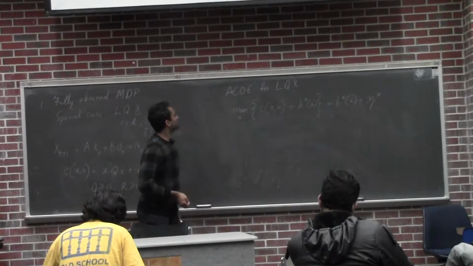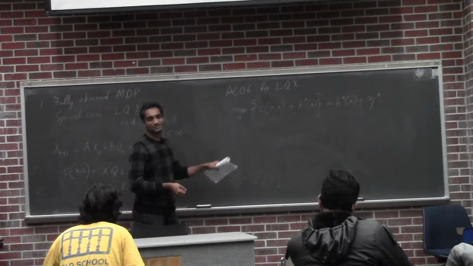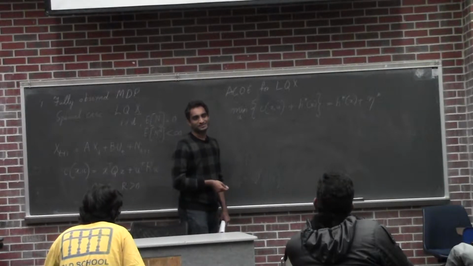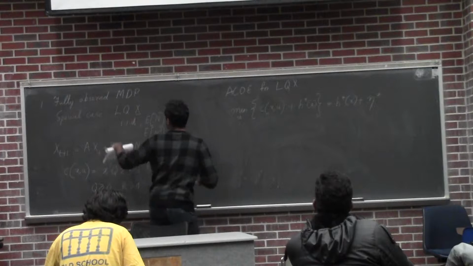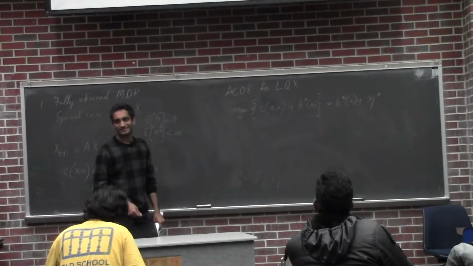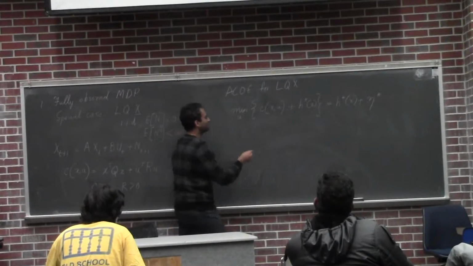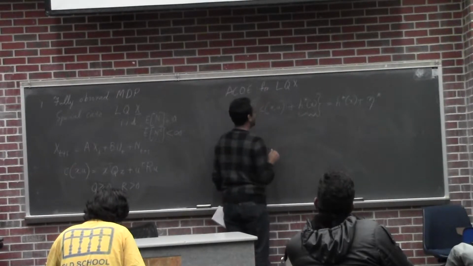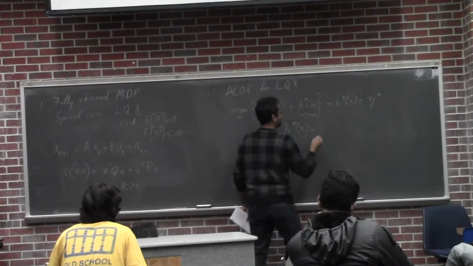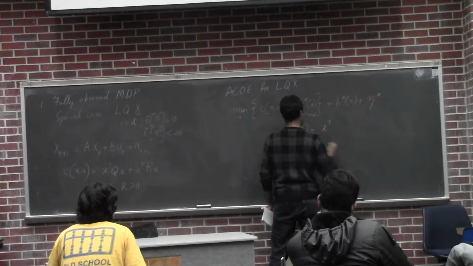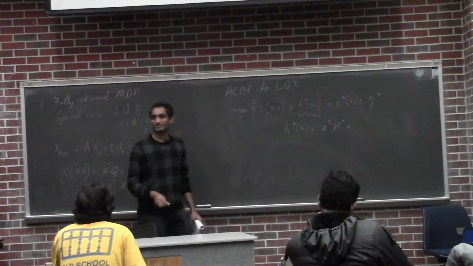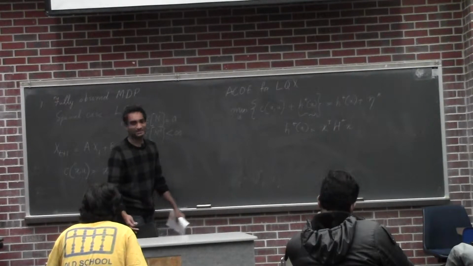But to do this, we have to come up with a guess for H star. So any guesses for H star? For this, remember that this is a linear quadratic case. Yes, exactly. So taking H star of x to be of this form is reasonable because it has worked before in one of the homework assignments.